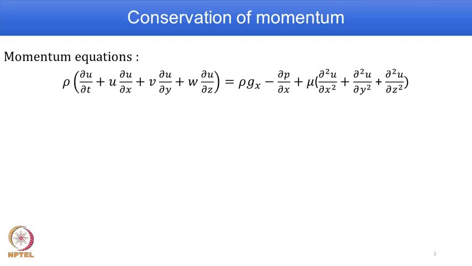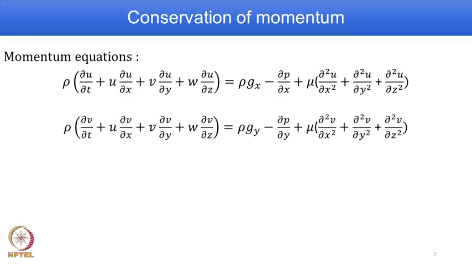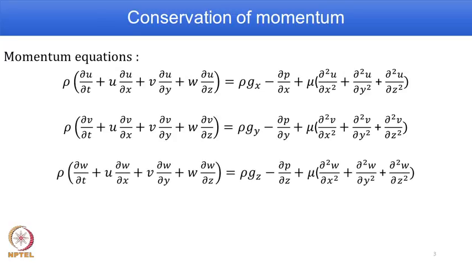We have written the momentum equation in both vector form as well as scalar form, and that is repeated here, all three components of the momentum equation. This is also called the Navier-Stokes equation. We recognize here again that the first term is the unsteady term or local acceleration, and the remaining three terms are convective acceleration.